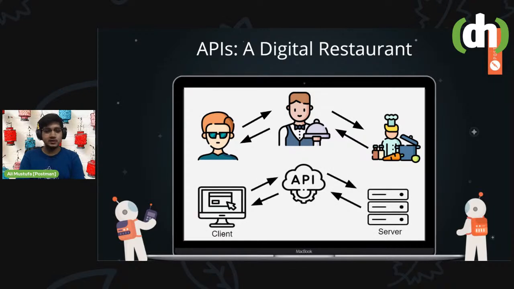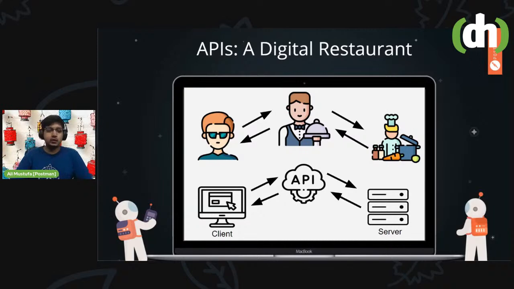How? Let me simplify it with a very simple client server architecture example. Here you can see you, who is going to a restaurant, are acting as a client. A client can be anything. It can be an ATM machine. It can be a computer. It can be a mobile phone. It can be any entity out there which can send a request. And then the waiter becomes the API, which is actually the internet.